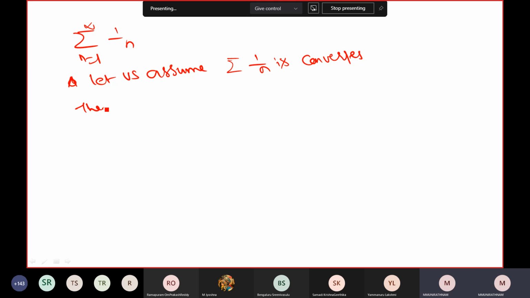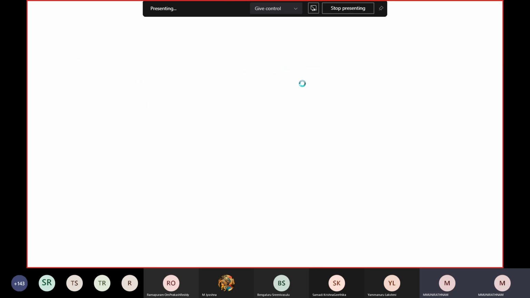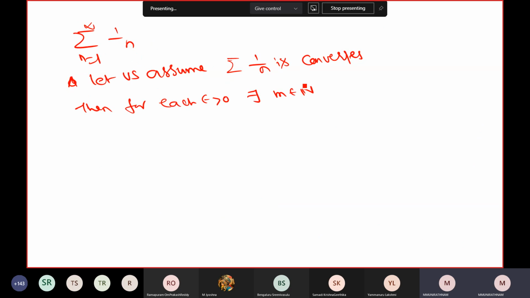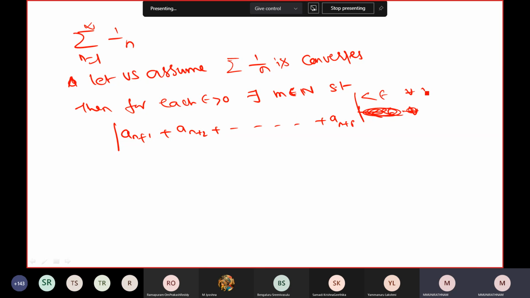Then for each epsilon greater than 0, there exists m, any positive natural number, such that mod an plus 1 plus mod an plus 2 plus and so on plus an plus p is less than epsilon for all n greater than or equal to m. Okay na?